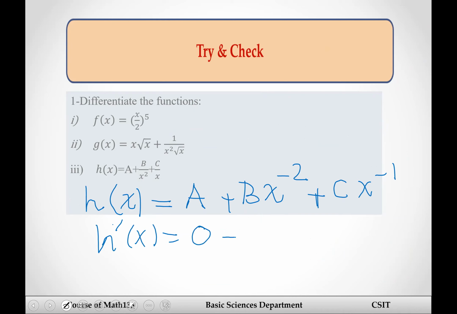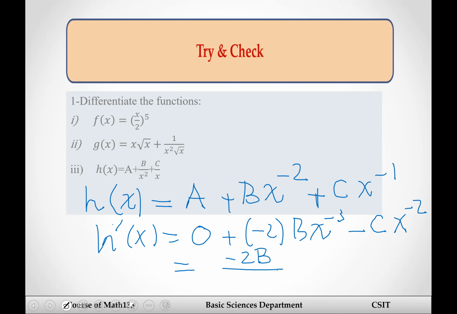Then plus, the power, minus 2 times b times x^(-2-1), that means x^(-3). Then plus c times minus 1, that means minus c, x^(-1-1), that means x^(-2). And we are done, and we can write our derivative like that: minus 2b over x^3 minus c over x^2. Okay.